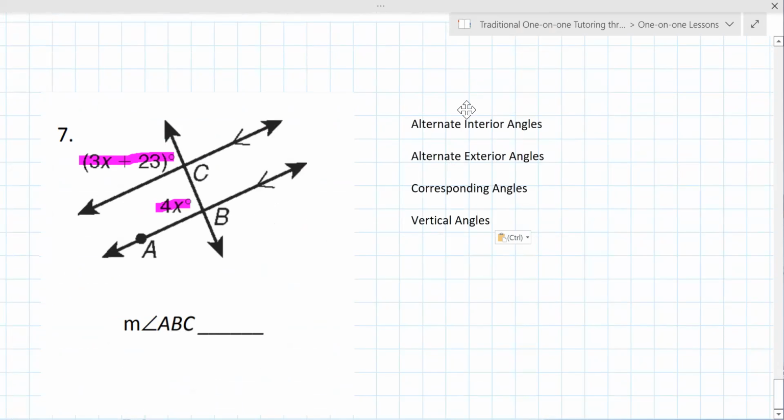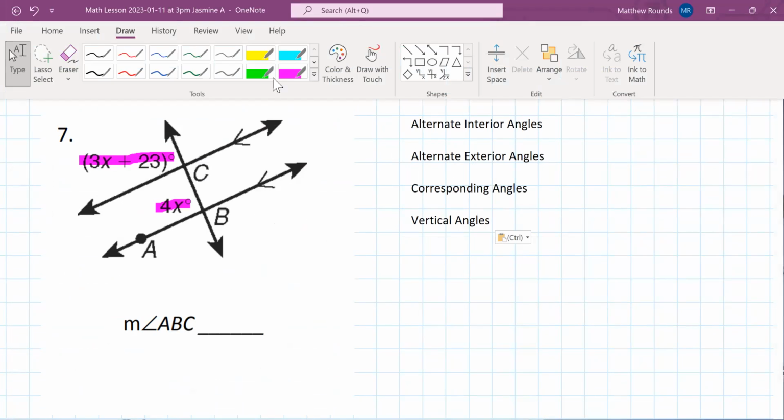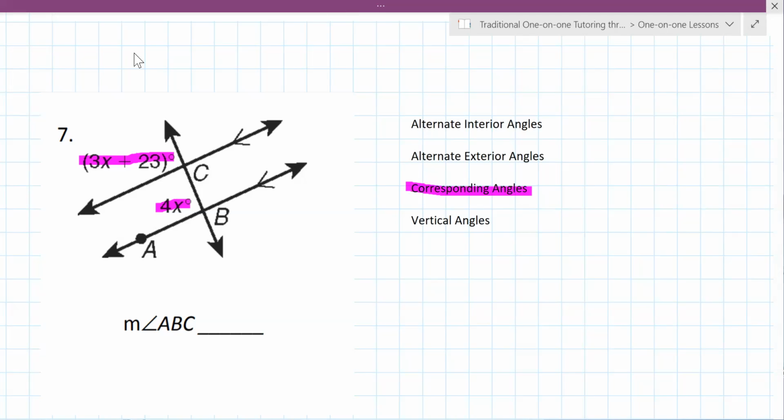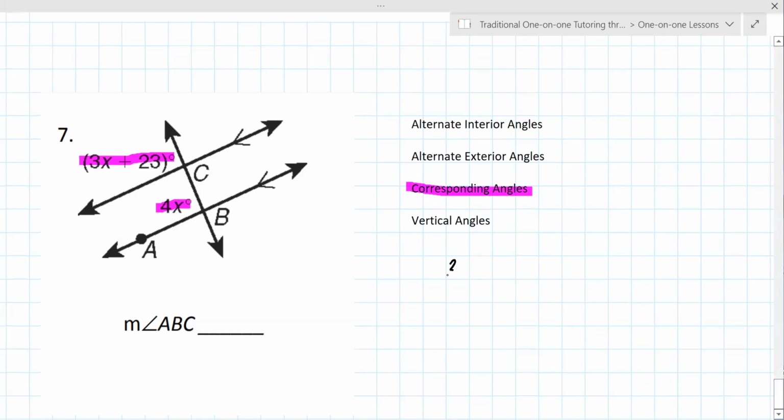Which of this list is it? Are they alternate interior, alternate exterior, corresponding, or vertical angles? Corresponding. They're corresponding, okay?